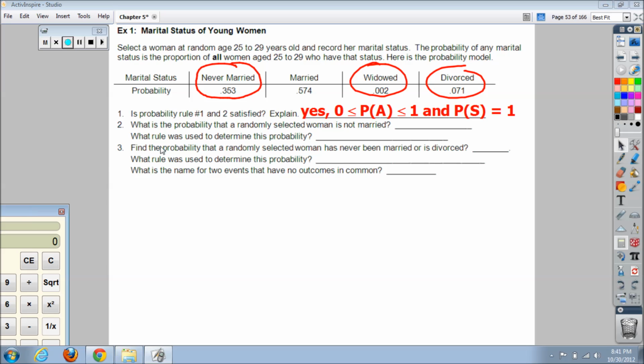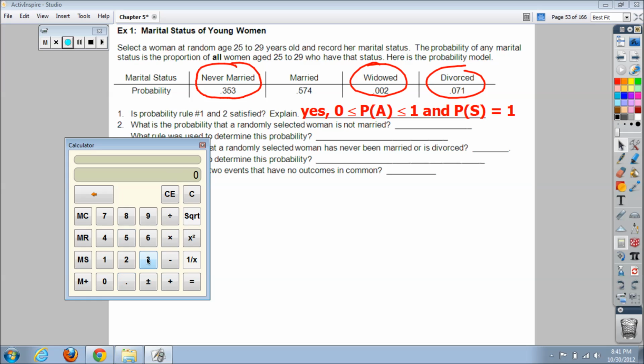So let's take 0.353, so there's our never married people, our widowed people, 0.002, and our divorced people, 0.071. So there's a 42.6% chance that we randomly select a woman that is not married.